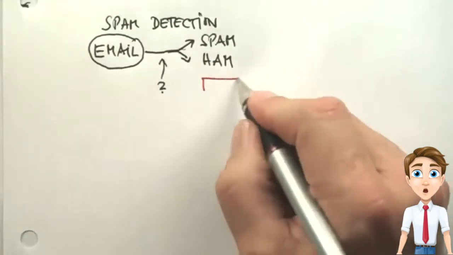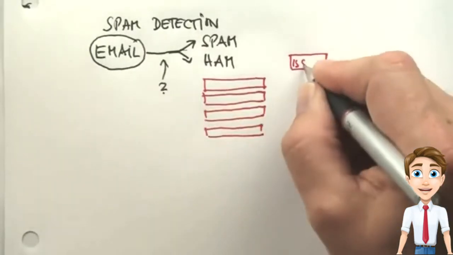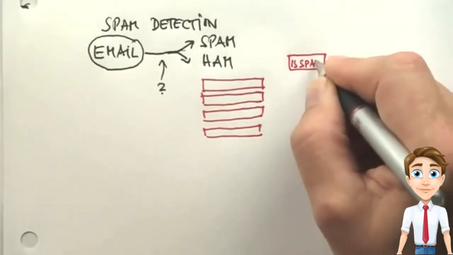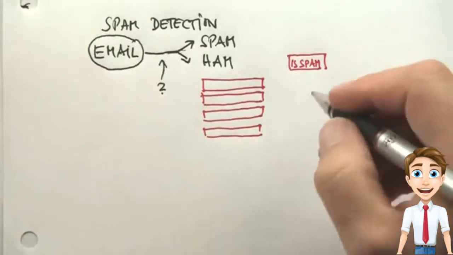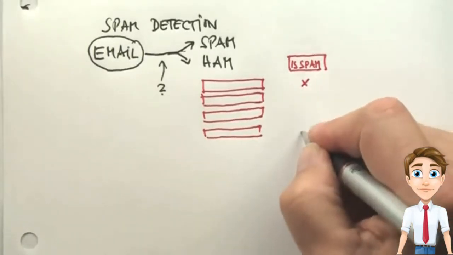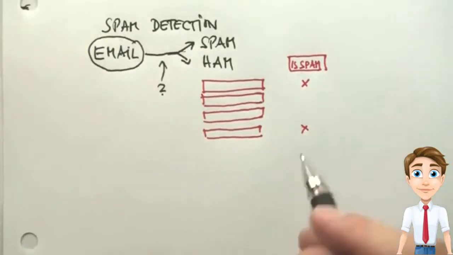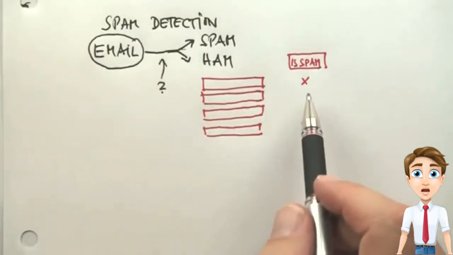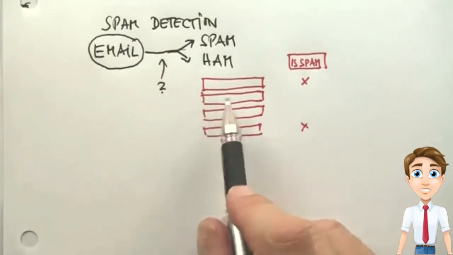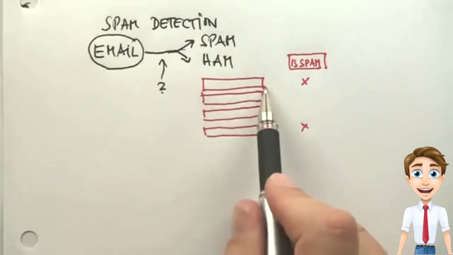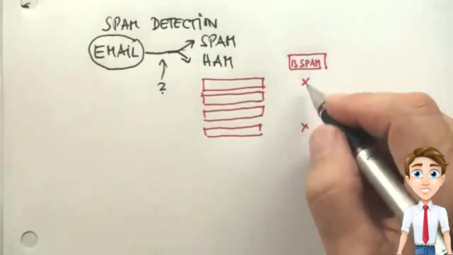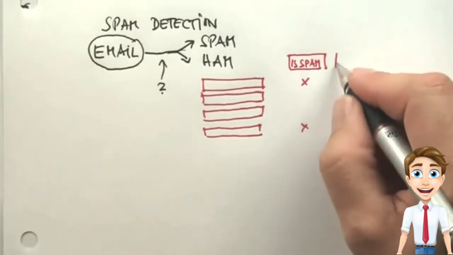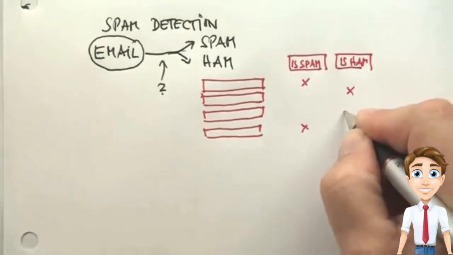When you go through your email, you have a button called is spam, which allows you as a user to flag spam. And occasionally, you'll say an email is spam. If you look at this, you have a typical supervised machine learning situation where the input is an email and the output is whether you flag it as spam, or if you don't flag it, we just think it's ham.